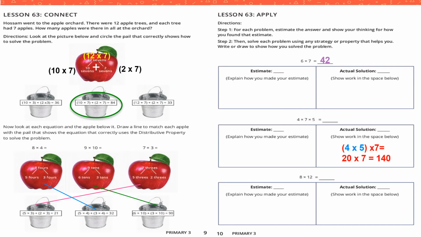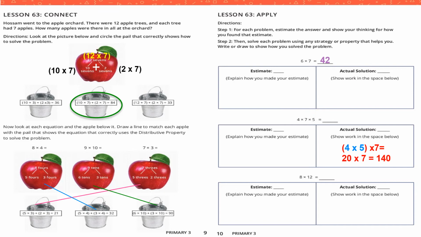I will multiply 4 times 5, then I will multiply times 7. Why do I choose 4 times 5? Because 4 times 5 gives me 20, it has 0, and this 0 is very easy to multiply. So I took 4 times 5 between two brackets, then I will multiply by 7.